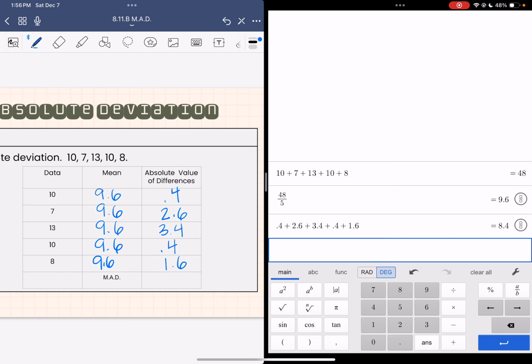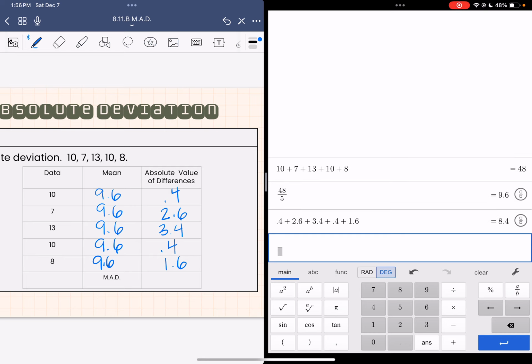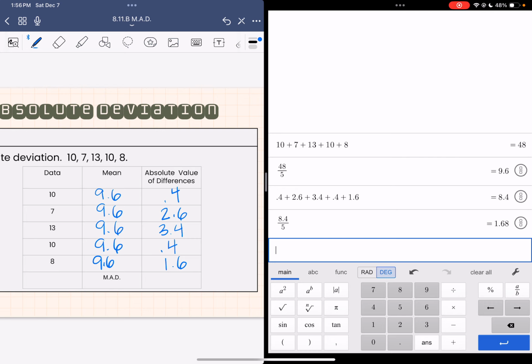Okay, so that's not the answer. That's just the total. And I tell you this because those are the things that will be on your answer choices for a test, because they know you won't finish. We'll divide by 5. Now, there is our mean absolute deviation.